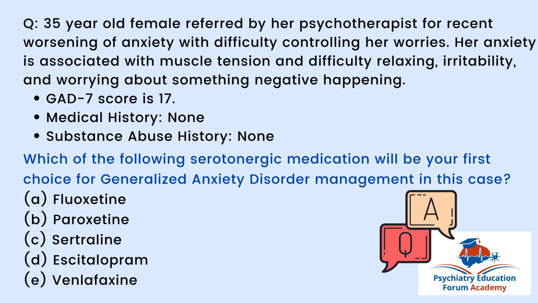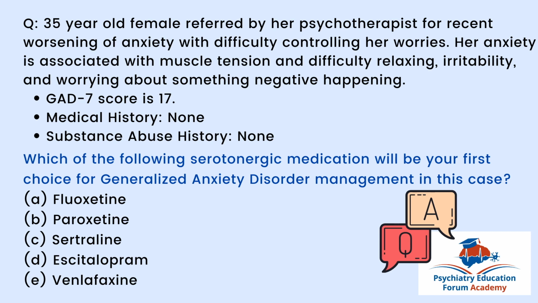Before we move forward, let's make it more interesting. Let's answer this very common clinical scenario that we see. This is a 35-year-old female referred by her psychotherapist. She is already in therapy for anxiety. She is referred for recent worsening of anxiety with difficulty controlling her worries.